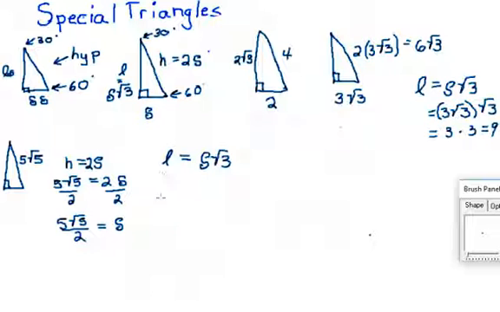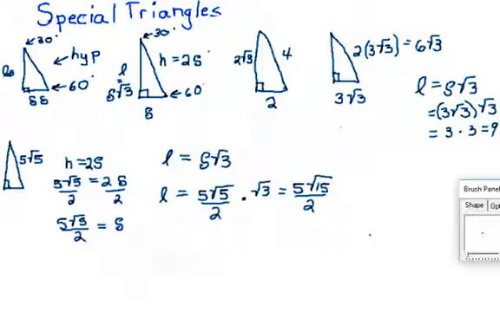So we write down what we know, which is that the short side is 5 square root of 5 over 2, and we're going to multiply that by the square root of 3. And that gives us 5 square root of 15 over 2. And I cannot reduce this fraction at all. This radical cannot be simplified at all. So that's my final answer.